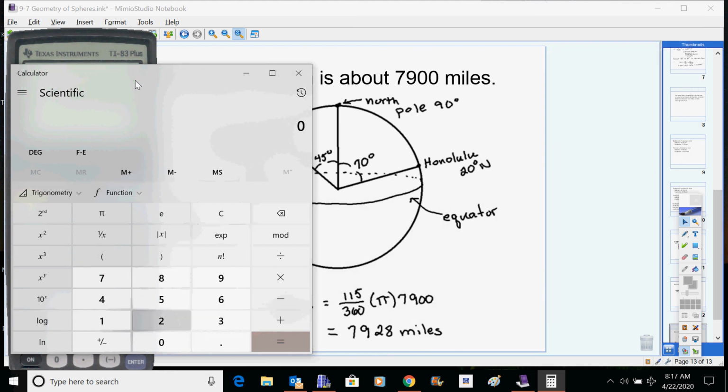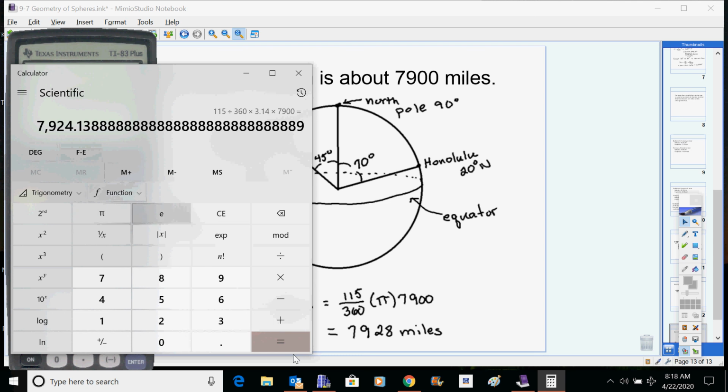Let me make sure everything's cleared out. 115 divided by 360 times, they don't have a pi on here, so we're going to use about 3.14 times 7,900. Now, why do you think we have 7,924 here? We have that because we didn't use the actual value for pi. The actual value for pi is important.